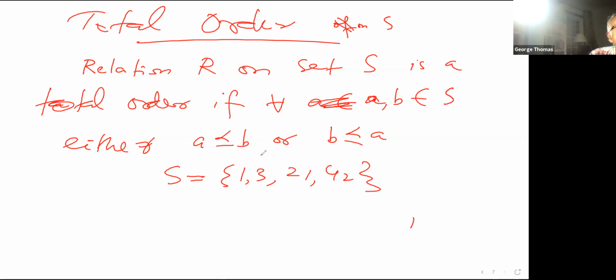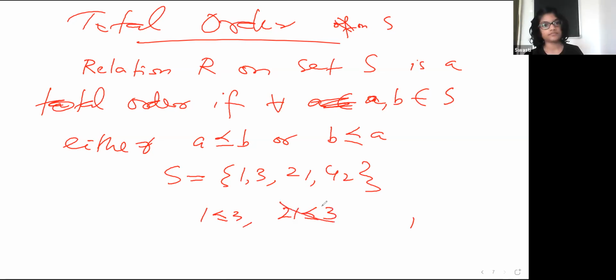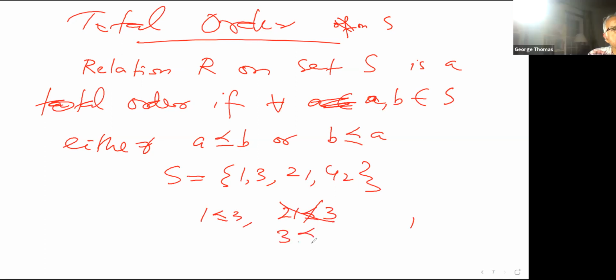Is every element related to the other element? 1 less than or equal to 3, great. Is 21 less than or equal to 3? No. Is 3 less than or equal to 21? Yes. Why? Notice how I write the less than or equal to. Because that means 3 divides 21. Right?